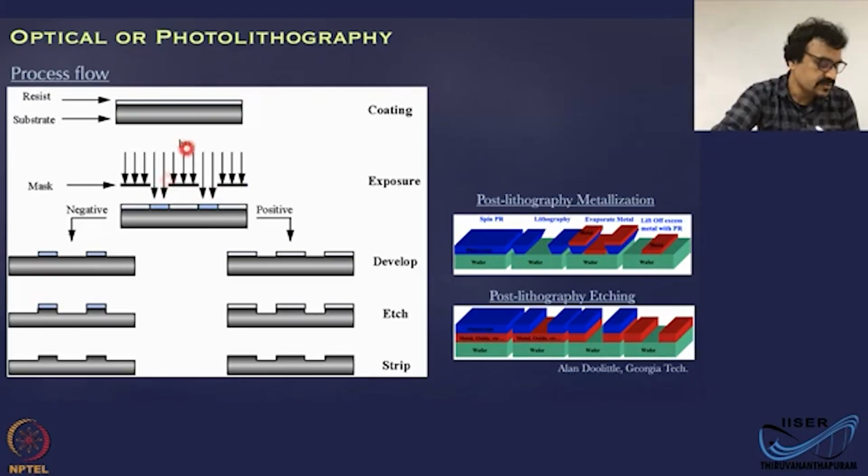And when you expose energetic radiation, wherever the radiation goes through, that is, wherever you have openings or transparency on this mask, the places under those regions will get exposed to radiation and will undergo a chemical change.